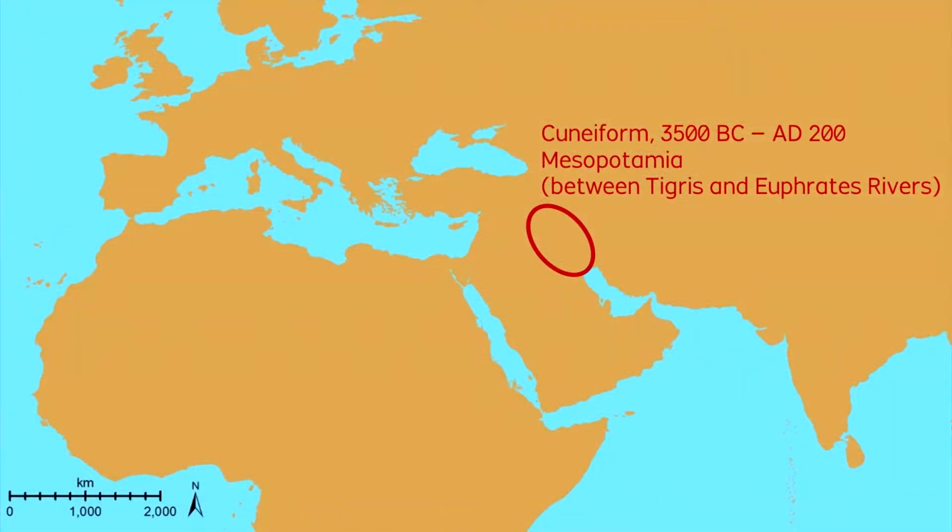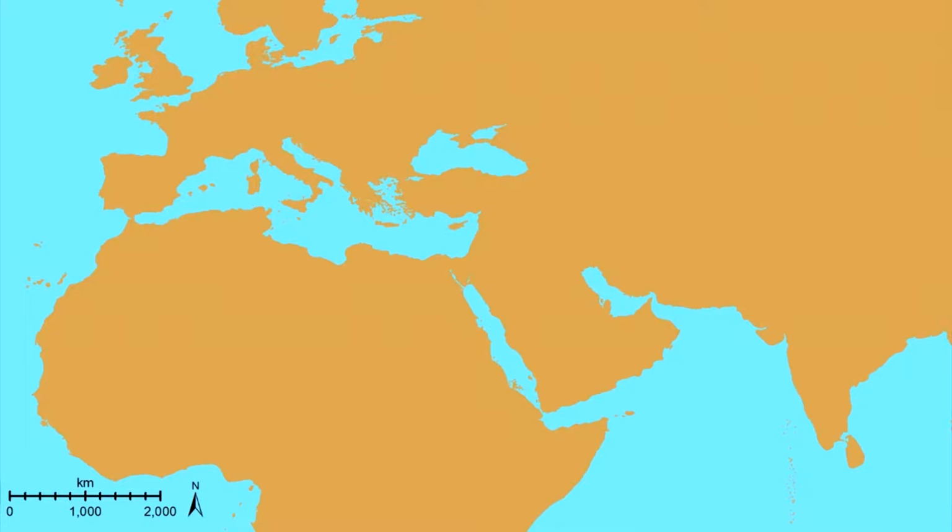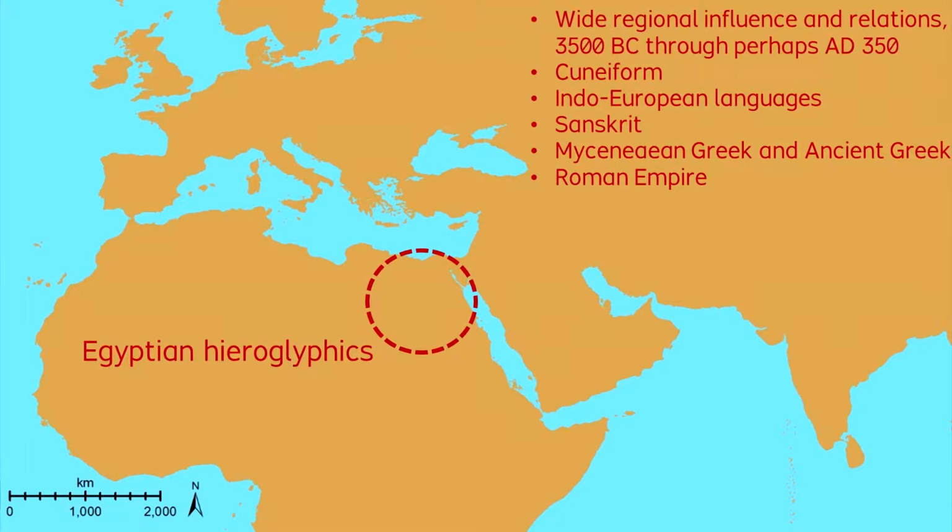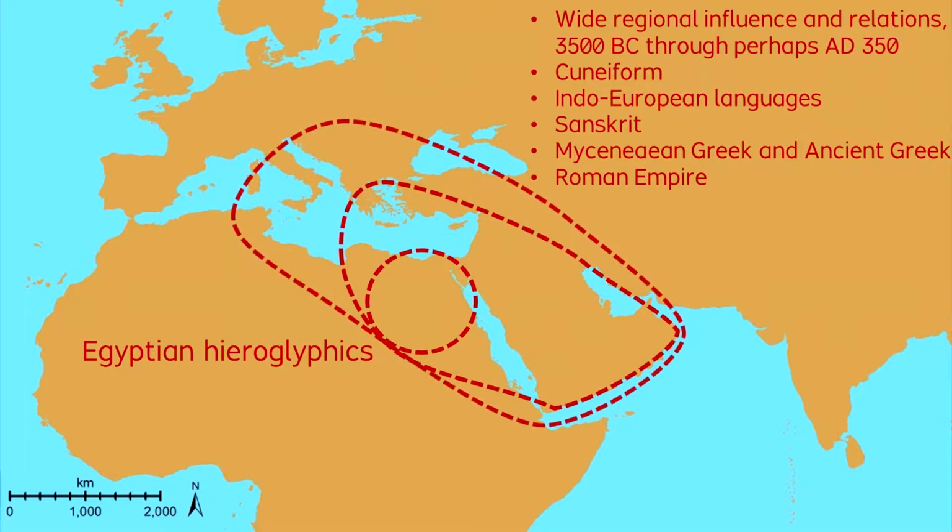In the ancient world, cuneiform overlapped with other writing systems, including Egyptian hieroglyphs. Eventually, Egyptian hieroglyphics would influence a much broader region than cuneiform, interfacing with Greek and Roman empires all the way through the first few centuries AD.